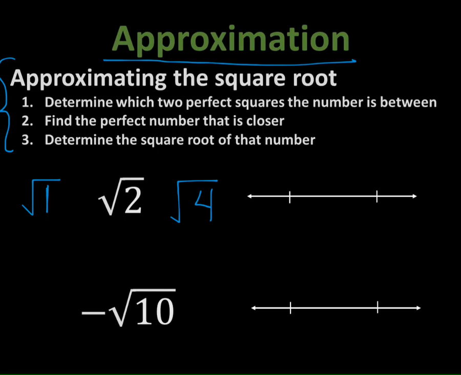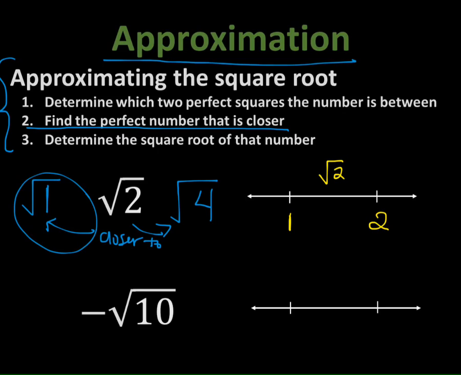So when I look at my square roots, if I were to use a number line, 2 is going to be somewhere in between. Square root of 1 is 1. Square root of 4 is 2. So the square root of 2 is going to be somewhere in between these two numbers. Now, number 2 says find the perfect number that is closer. Is 2 closer to 1 or is 2 closer to 4?